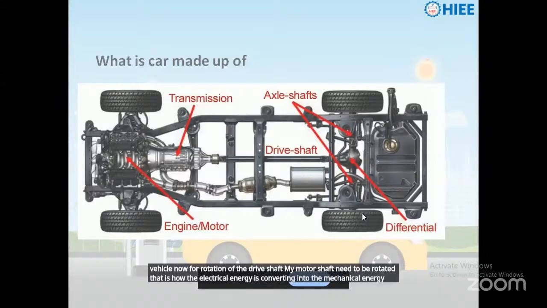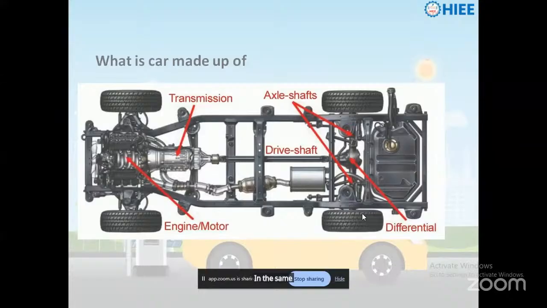Even with any small motor application, whenever battery supply is given to the motor, one shaft will rotate. If you connect a fan to that shaft, that fan will rotate. So the mechanical power transfer happens there. In the same manner, the mechanical power transfer happens towards the vehicle.